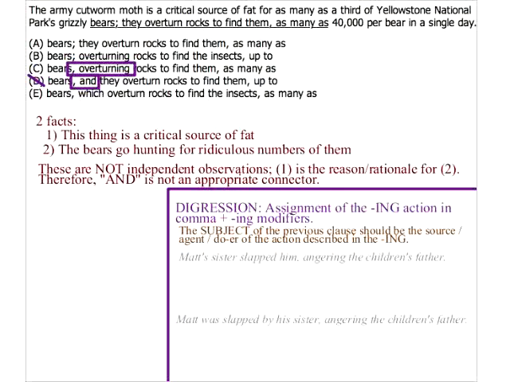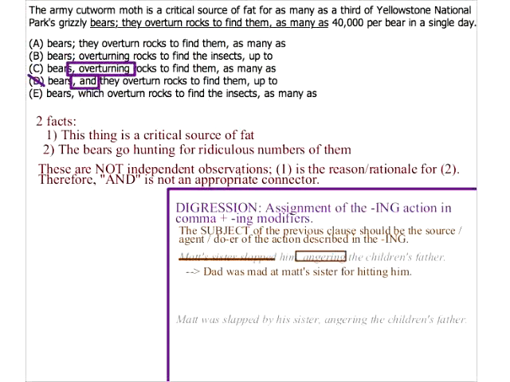So comma angering in this case is talking about Matt's sister because that's the subject. So that's the action clause, whatever you want to say. So the implication here is that the dad was mad at Matt's sister for hitting him.